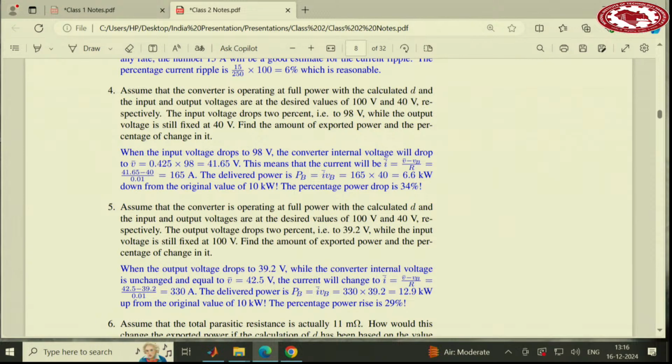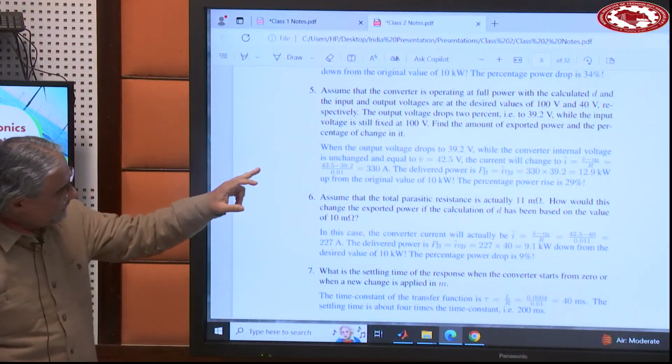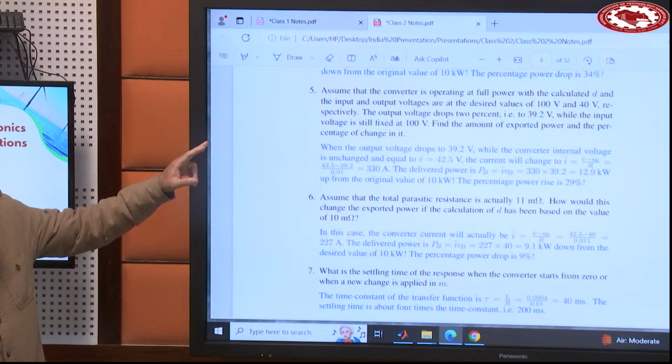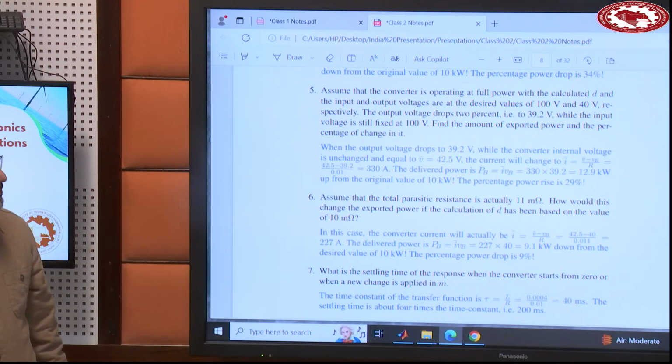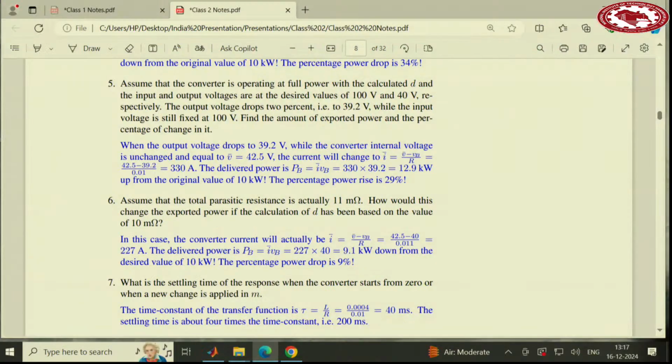Okay. Now look at another scenario. Let's say this time the output voltage drops, again 2%, from 40 volts to 39.2. The input voltage does not change. So 100 volts, duty cycle the same, 0.425.